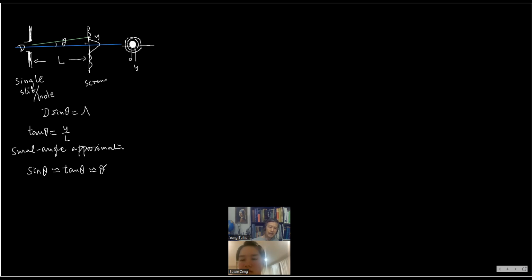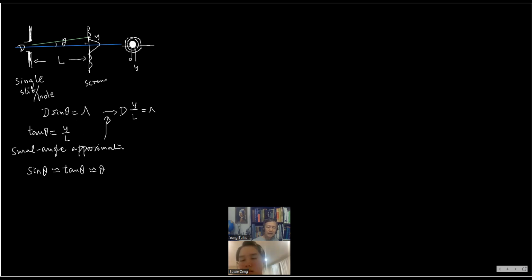So in that case, can we modify this? Under this approximation, D multiplied by Y over L is equal to lambda. Can you see my approximation method?